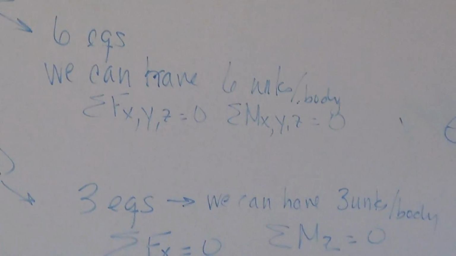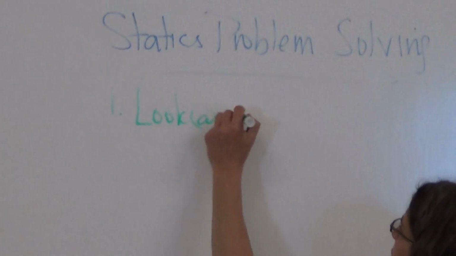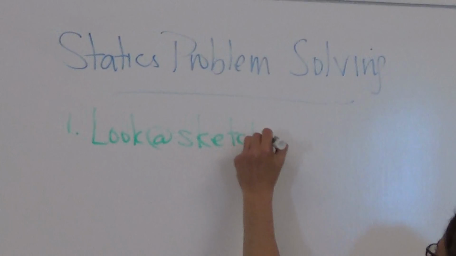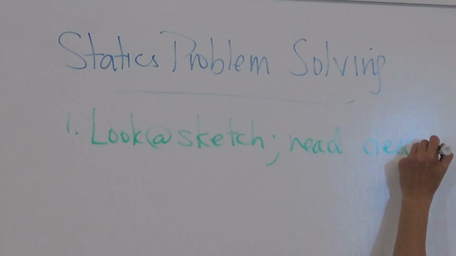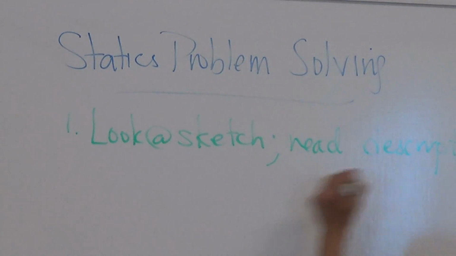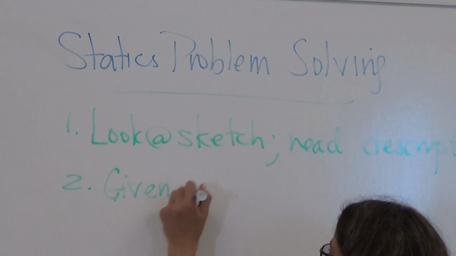Okay, so do you remember how we solved statics problems? What was the first thing we did? Right, we looked at the picture, we read the words. Look at the sketch, read the description, and then we do given and find.